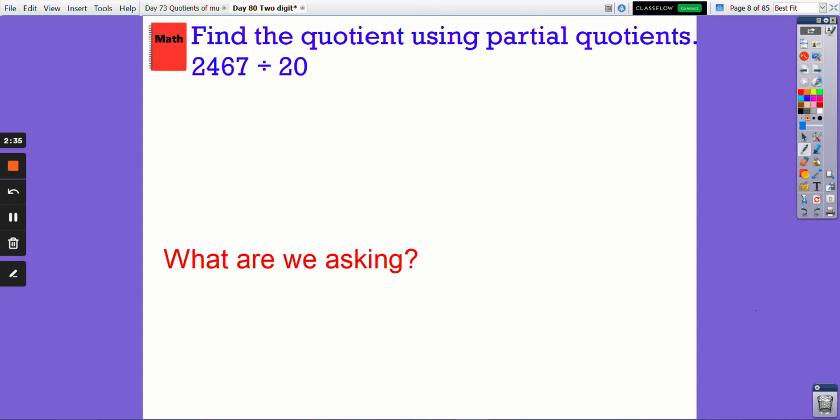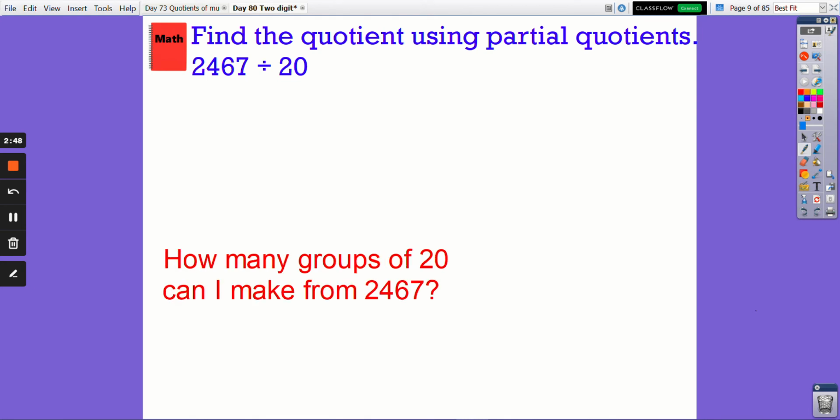So here we go. We're going to find the quotient with partial quotients of 2,467, and we're dividing by 20. We're looking, how many groups of 20 can we make from this number?